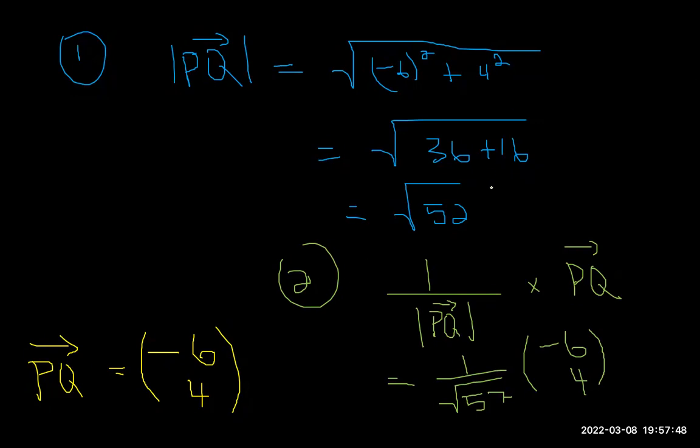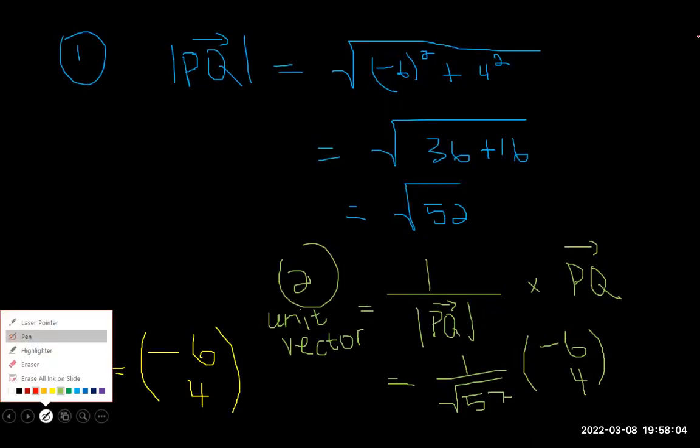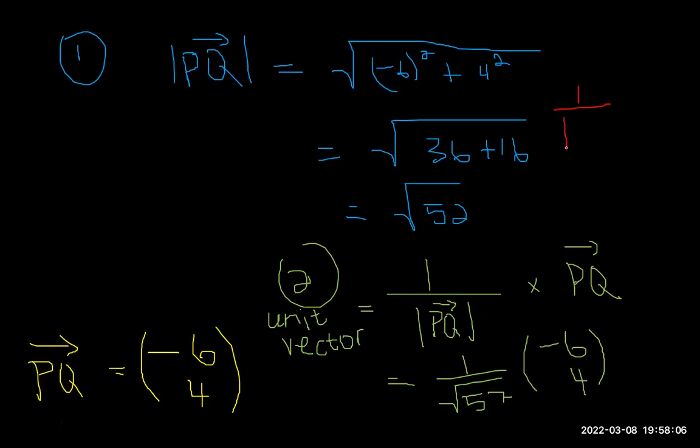So after you find the magnitude, all you need to do now to find the unit vector, so let me just write unit vector is equal to, it's a certain formula you need to apply, right? So let me just write it up here. It's 1 over the magnitude of the vector multiplied by the vector.